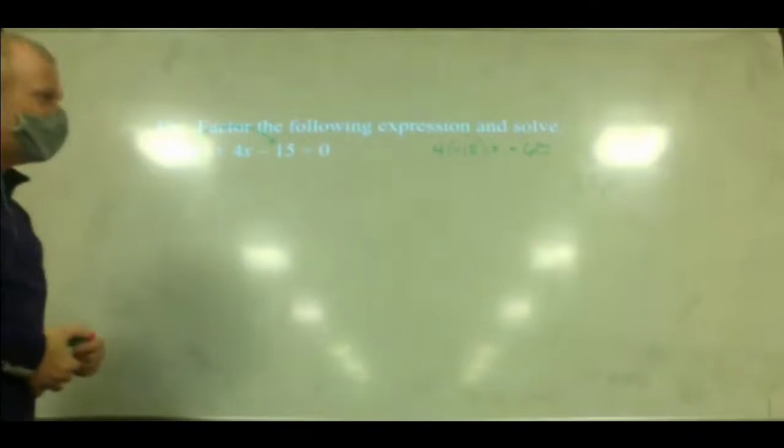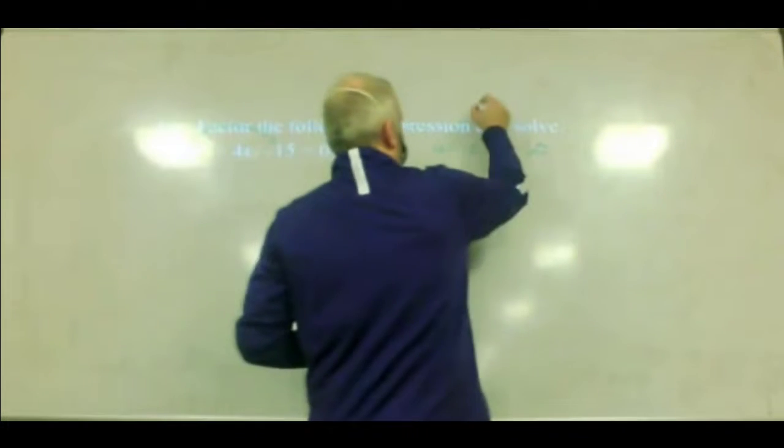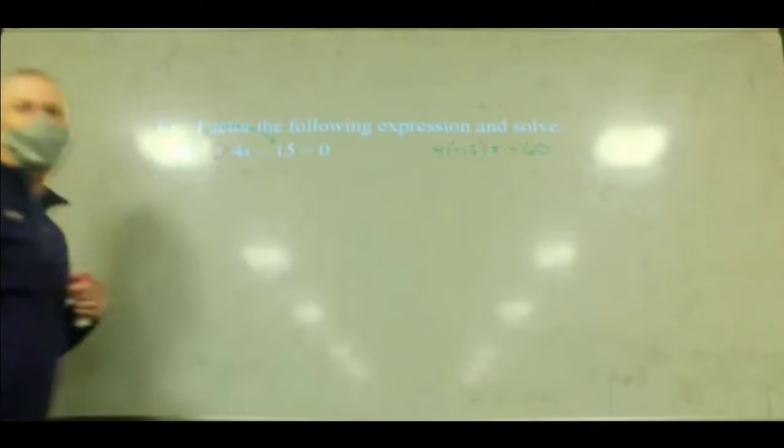Or if you know it, that's fine too. What does the negative on this 60 tell us about the signs of the numbers, the factors we're looking for? Correct. And if you didn't hear, she said 1 positive, 1 negative. And we've done a lot of those tonight, so hopefully we're kind of getting that. And then, once we know that, they have to add together to be a positive 4. So what does that tell us?